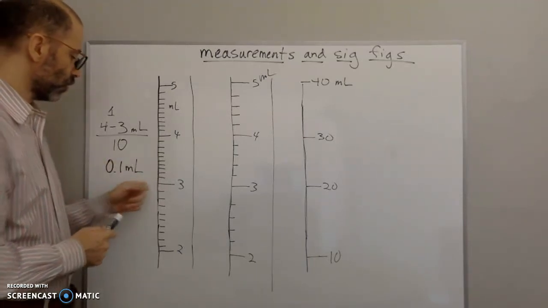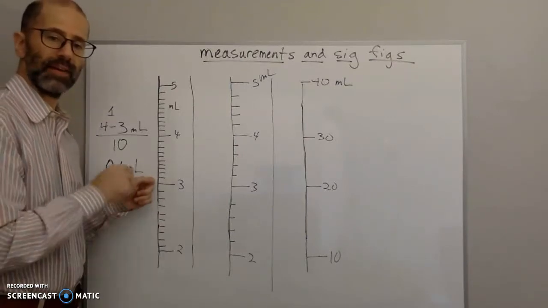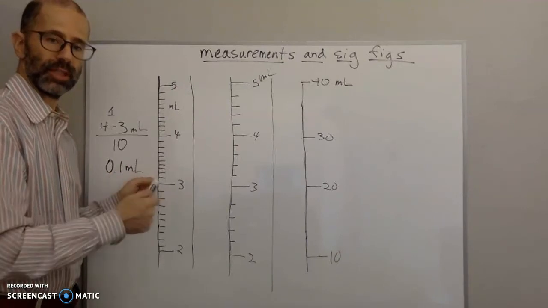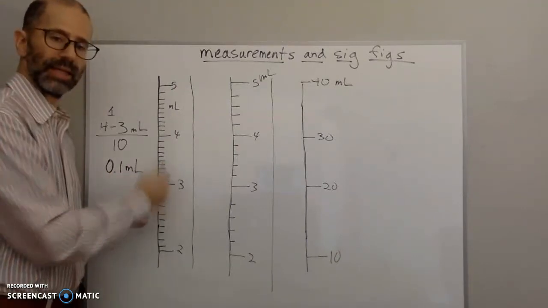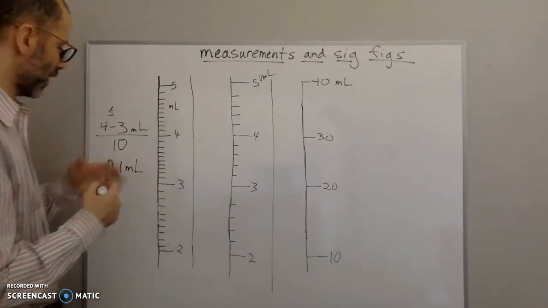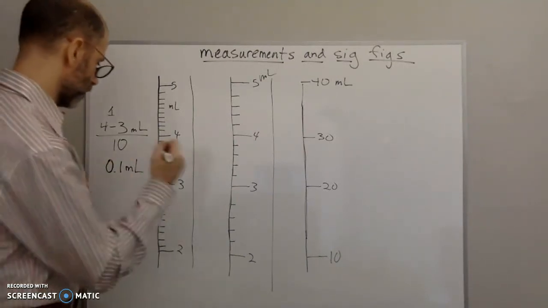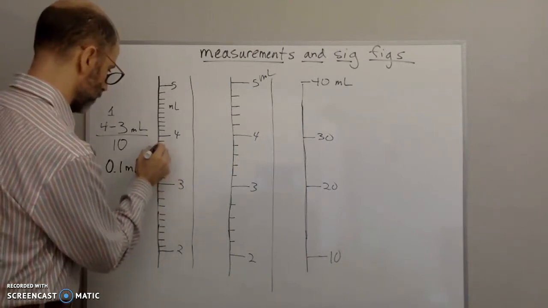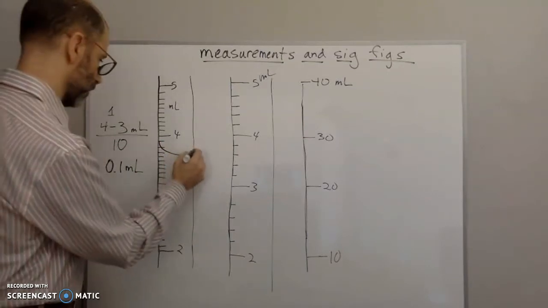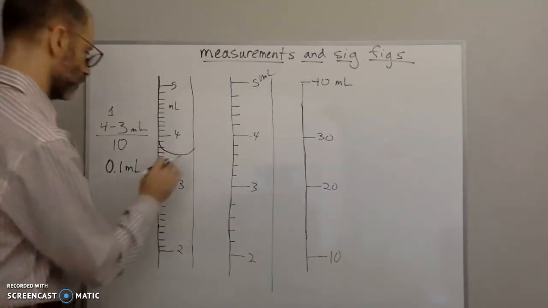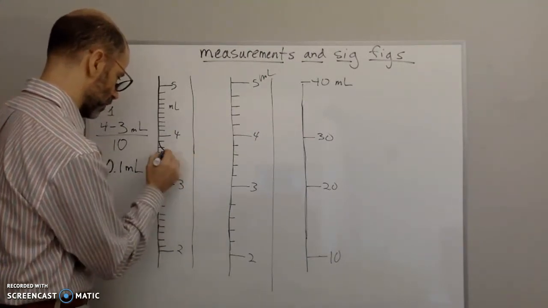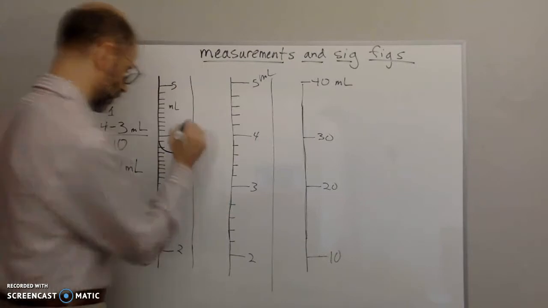Okay, so if I know a line, that gives me an extra degree of certainty. Whatever the line is, that's the certainty that I have for that measurement. So if my meniscus is like this, right? Let's make it a little bit better. Okay.